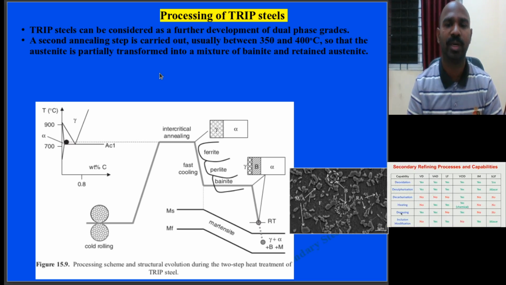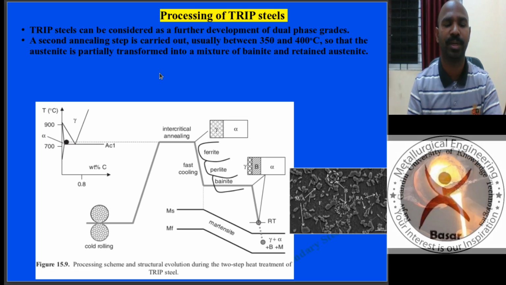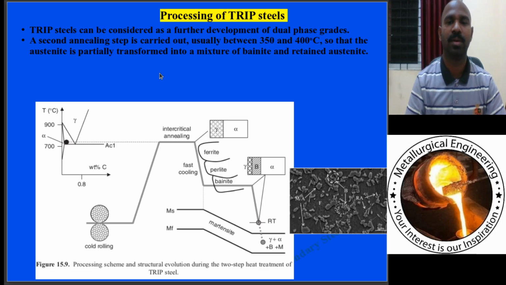Transformation induced plasticity is nothing but phase transformation of the retained austenite into martensite, existing with the ferrite and bainite. This route was chosen and this steel was developed.